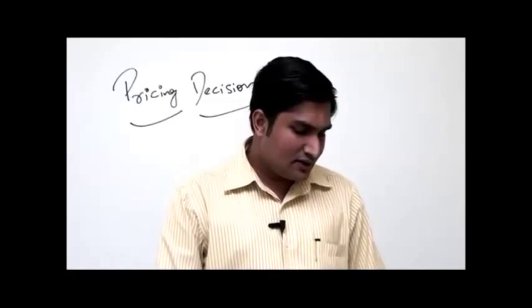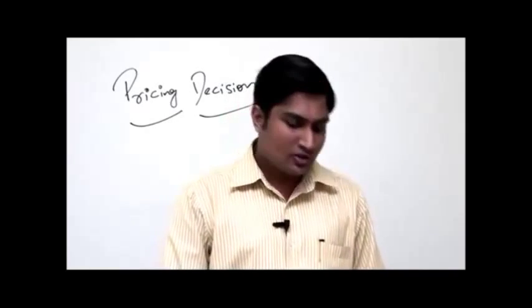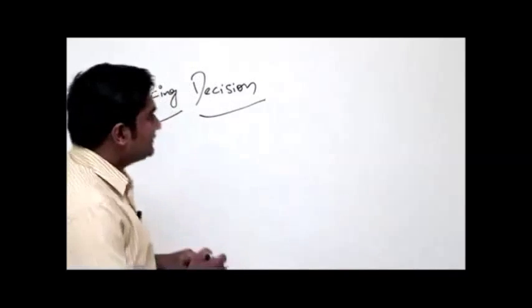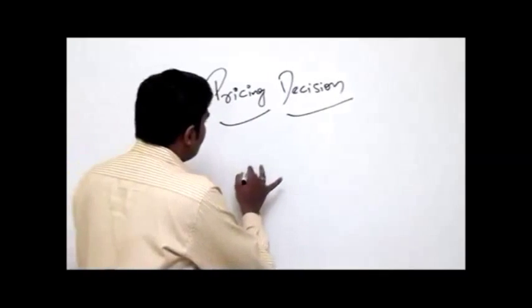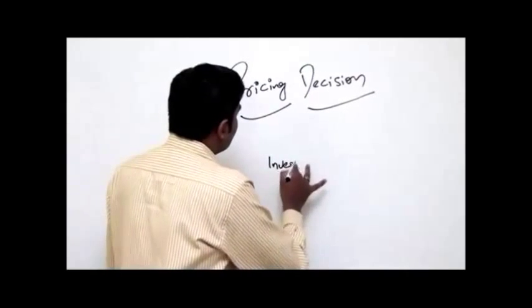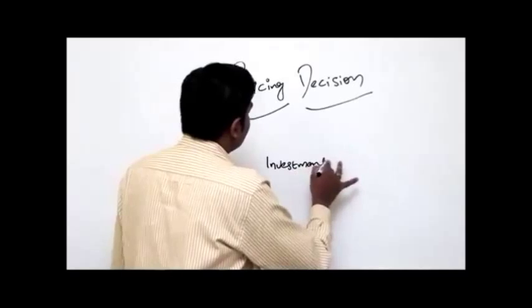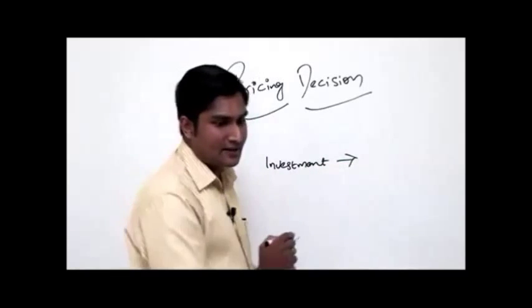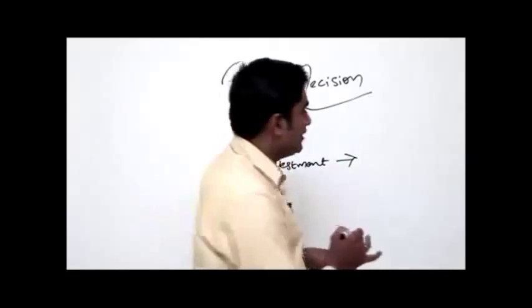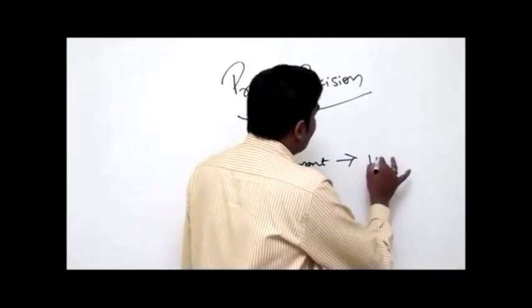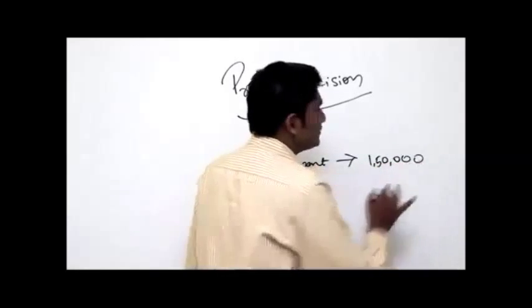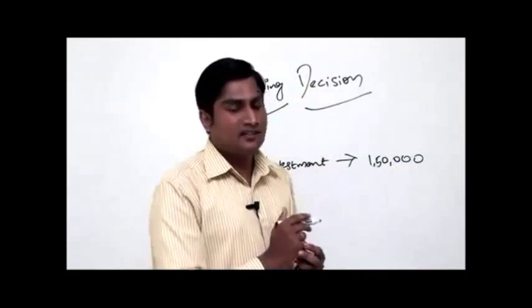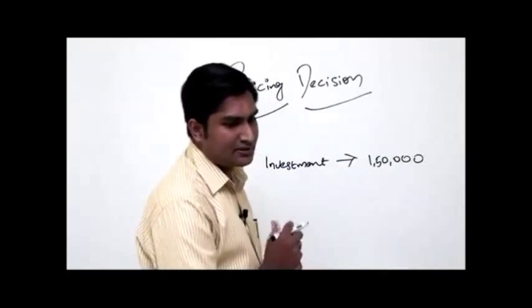First of all, we can determine the price so that it can earn 20% return on investment. So here it is clear that the total investment is 50 plus 60 plus 40, 1,50,000 rupees, and the expected return is around 20%.